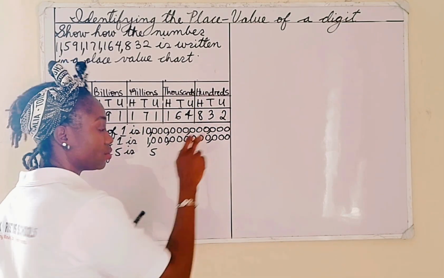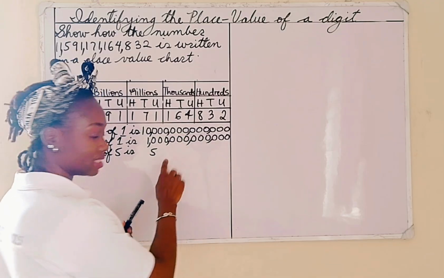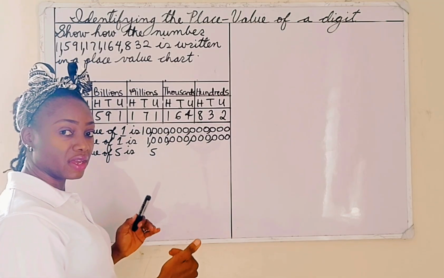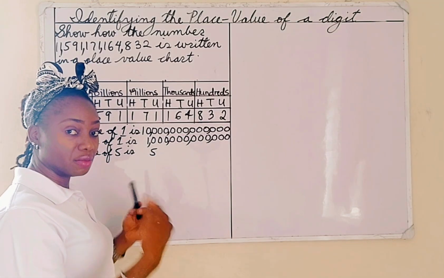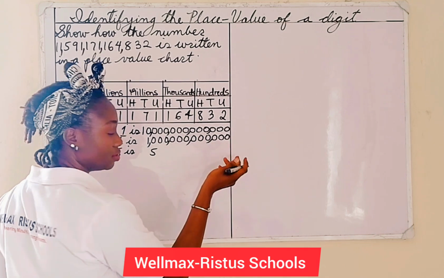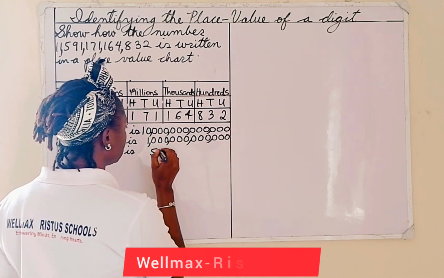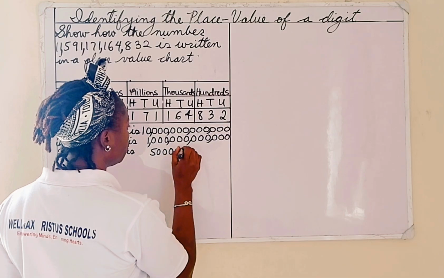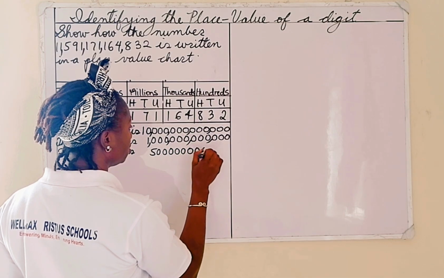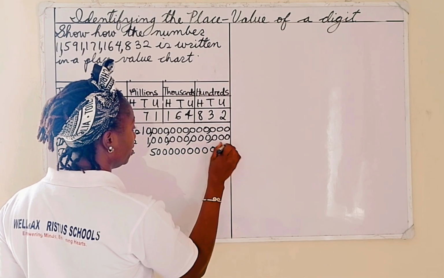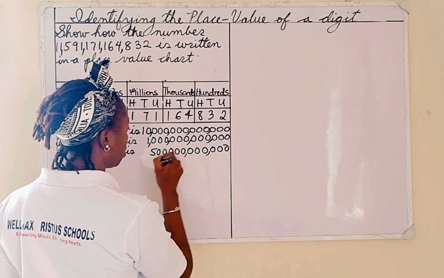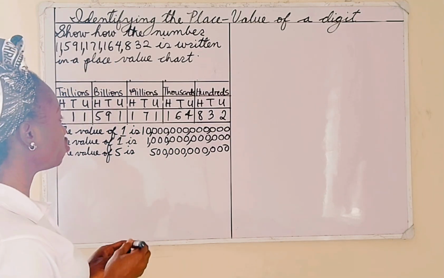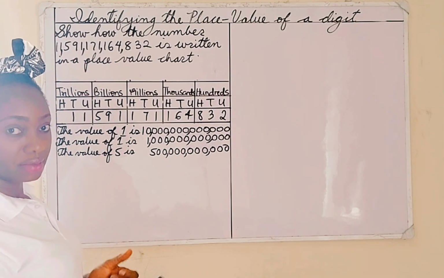So the first one had 13 zeros, the second 12, and now 11. The more we go down, the more the number of zeros reduces. So now this is 500 billions.